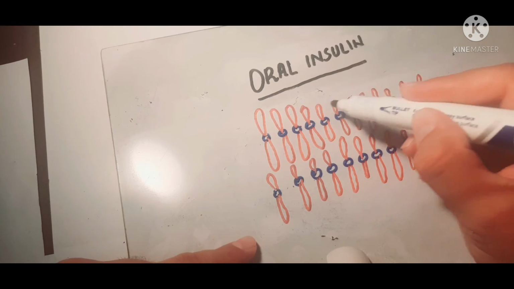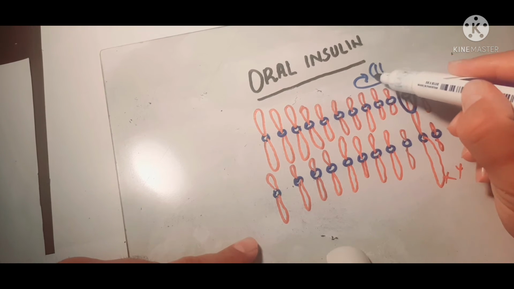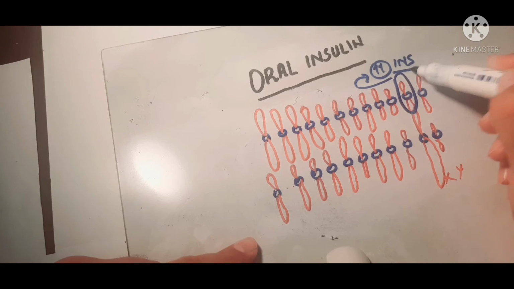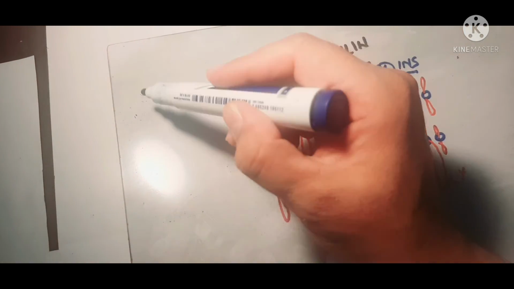Now we have to count, and on chromosome 11 there is a gene, INS gene, which is responsible for the production of insulin from beta cells.